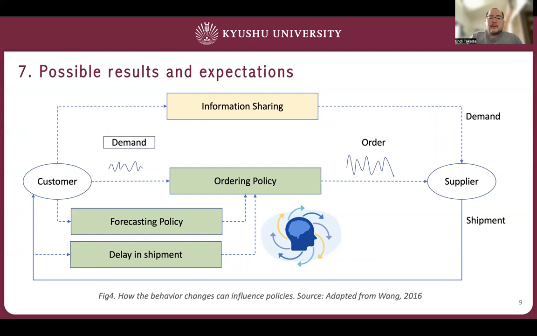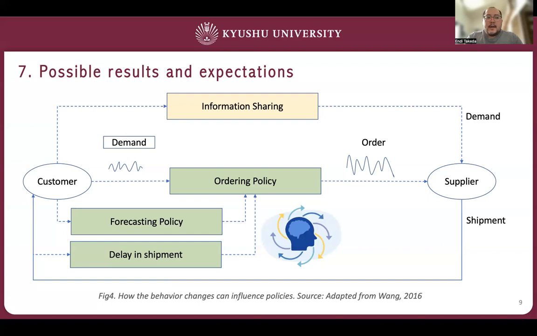However, the ones in green, like ordering policy, forecasting policy, or delaying shipment, could also be just in time. So, other factors besides delay, these external factors. How are these three going to be changed with these new technologies?